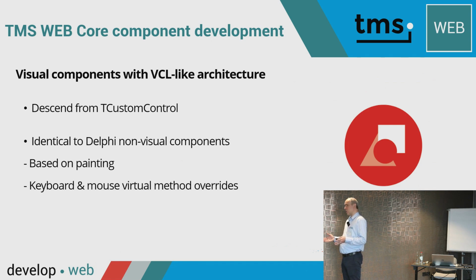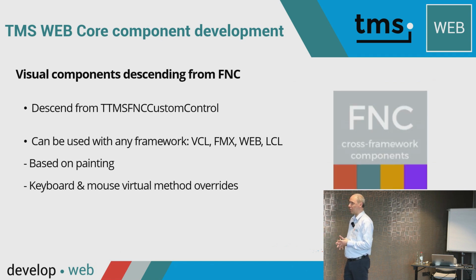When you build a custom control in the VCL, you descend from the custom control, and you will basically do 2 things. You will make sure that the control renders itself, and you will want to handle user interaction, so via mouse, via touch, via keyboard, focus, etc. These things you will need to handle to update the component, to invoke the behavior you want from that component.